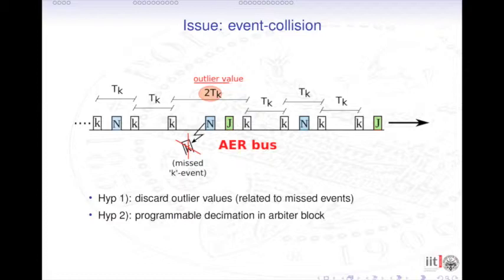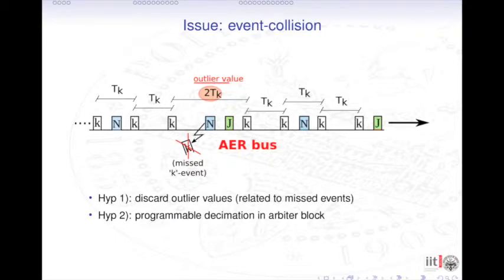So the signal processing can discard the value related to 2 times tk, and so it can identify that the real value is tk for the channel k.